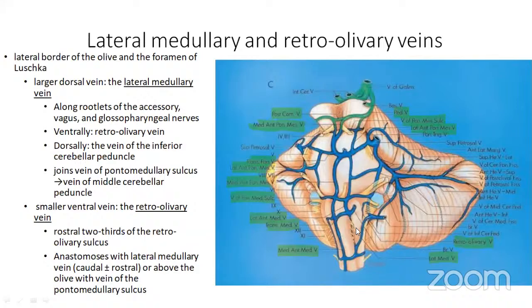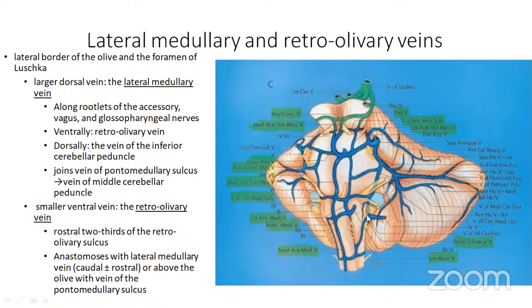Ventrally, it may receive a branch from the retro-olivary vein, and dorsally it may receive a branch from the inferior cerebellar vein of the inferior cerebellar peduncle. It joins the vein of the pontomedullary sulcus and drains into the vein of the middle cerebellar peduncle.